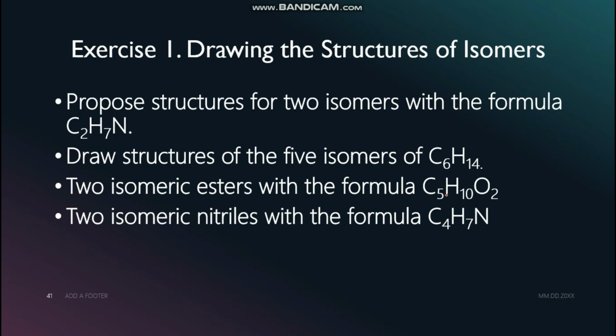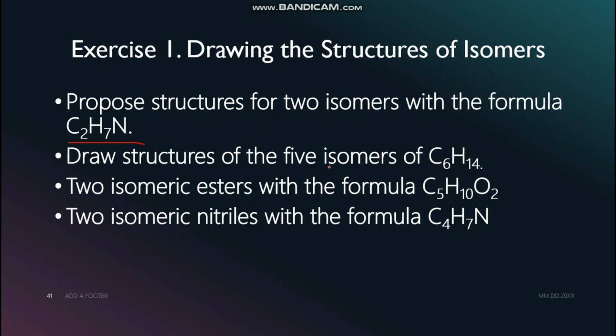Okay, so exercise 14. Draw the structures of the isomers of the compounds stated below. Yan. So meron din naman siyang corresponding number of isomers. For this one, propose structures for two isomers with the formula C2H7N. Okay? So this is an amine.